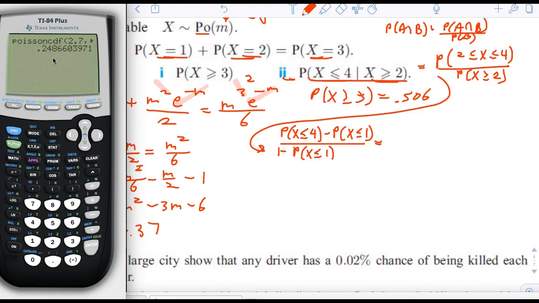So every time we see x is less than or equal to 1, we can substitute 0.249.